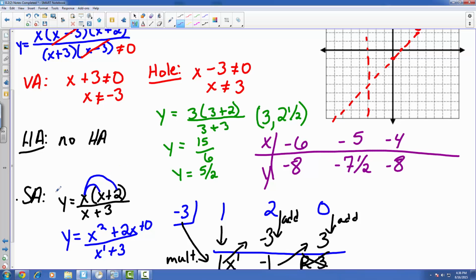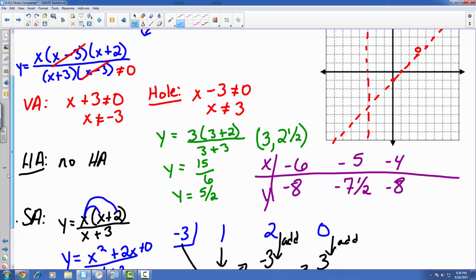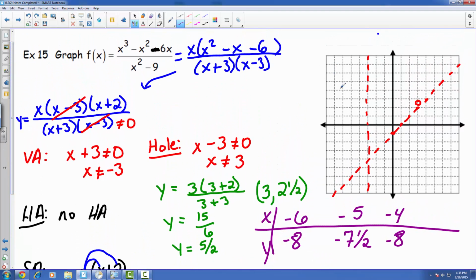So just going ahead and graphing those. For negative 6, we have negative 8. For negative 5, we have negative 7 1/2. And for negative 4, we have negative 8 again. So what's happening is it's going up, it's hugging these asymptotes, it's going up, and then it's going to hug also then our vertical asymptote.